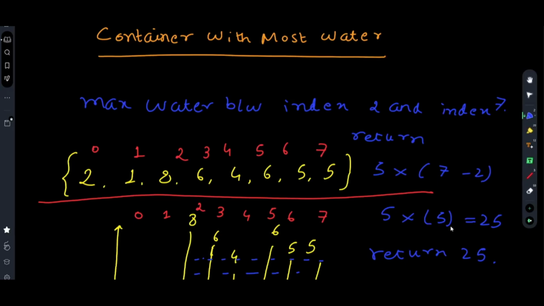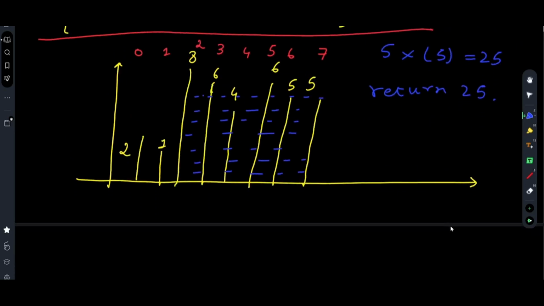Now, there are quite a few ways in which you can solve this problem. So I will start with a very simple way, and I will build my intuition from that very simple way. So let us suppose we are given this particular thing.